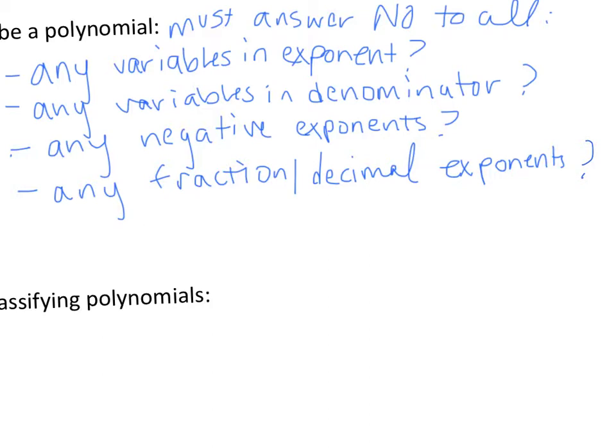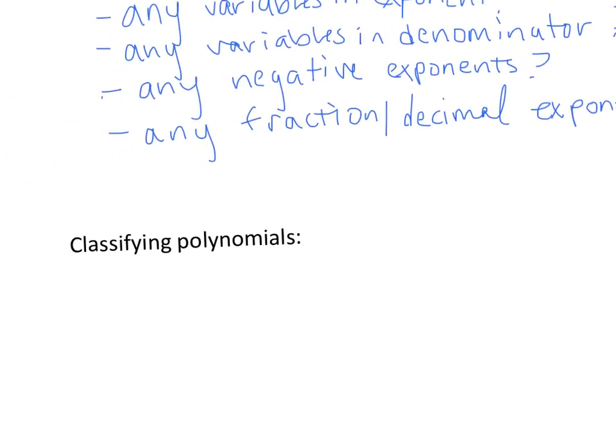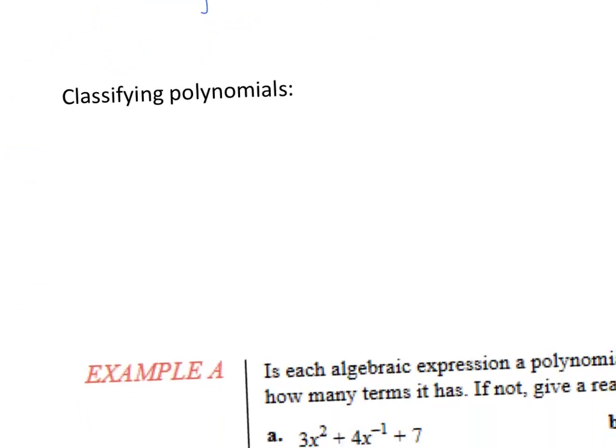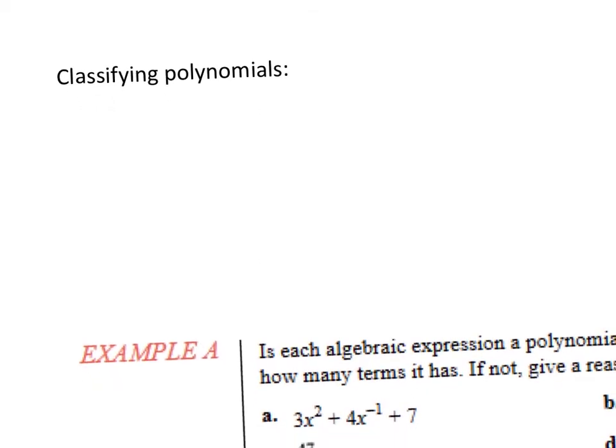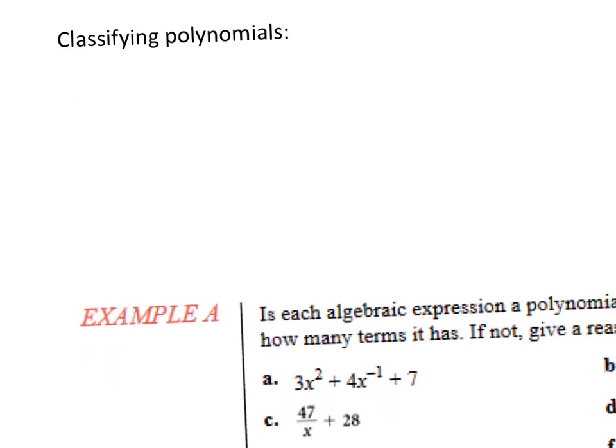Once we determine that something is a polynomial, we can take a step further and classify that polynomial by the number of terms. So if you decide that it is a polynomial and it only has one term, we can classify that as a monomial.